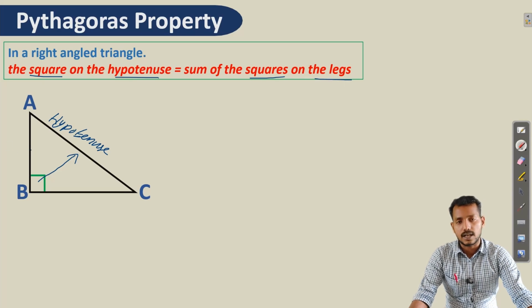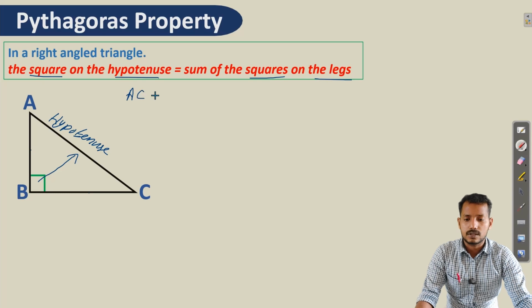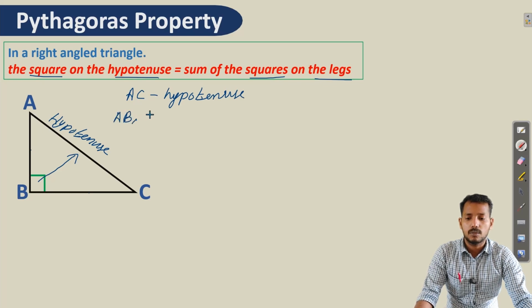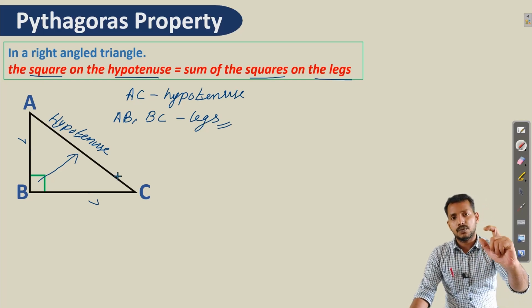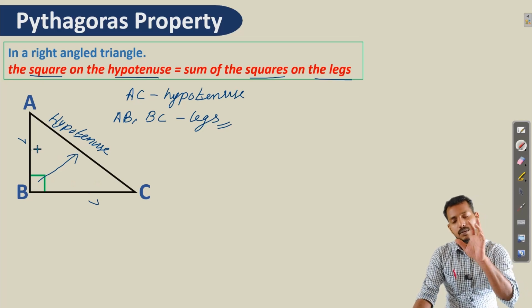That means the other 2 sides are called legs. That means AC is the hypotenuse, and AB and BC, these 2 are legs. To identify the hypotenuse, very simple, it is the side opposite to the right angle.